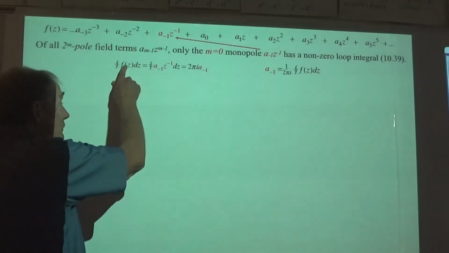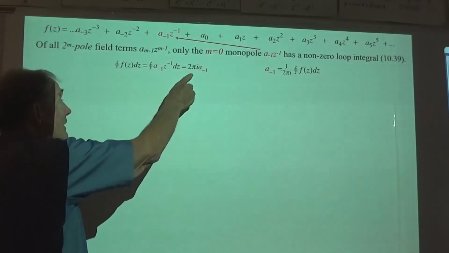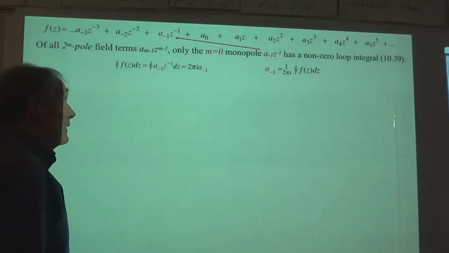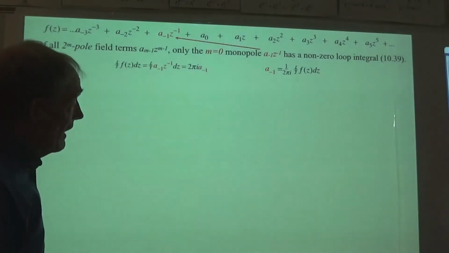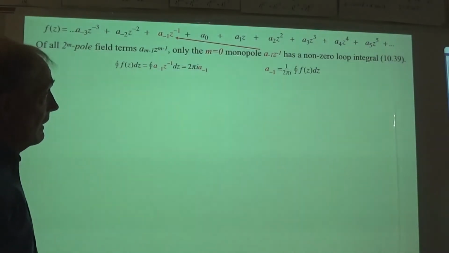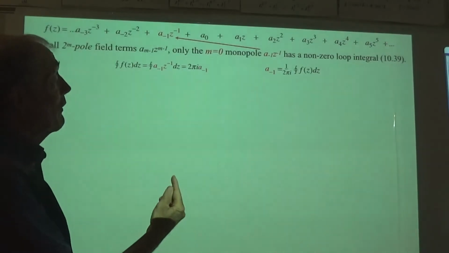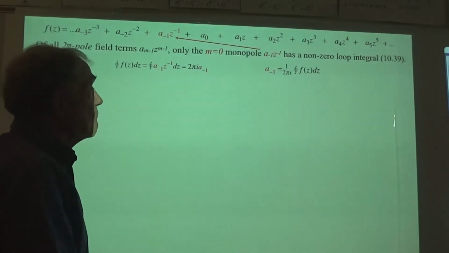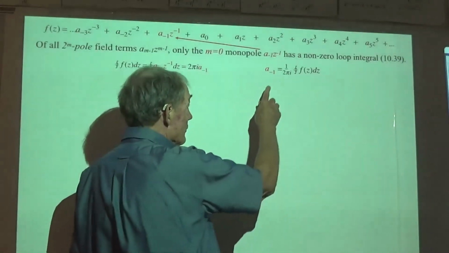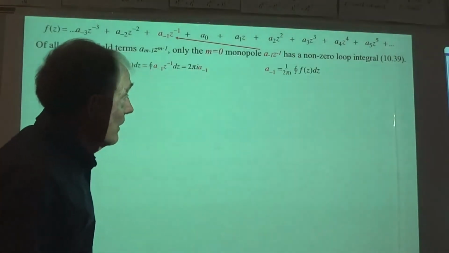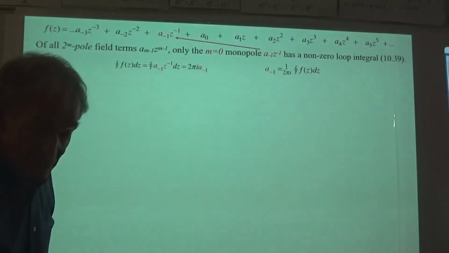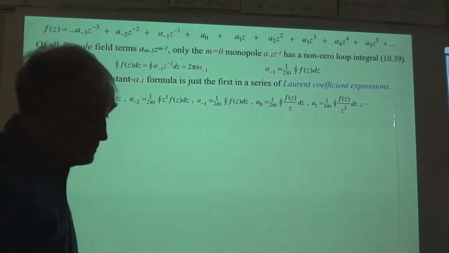So when I do the integral of the force to get that phi, I get a value. That's a constant, just whatever the constant is, times 2 pi i. That's what it costs to go once around the origin, is 2 pi in the i direction, in the imaginary direction. So I solve for that coefficient, and that's an important beginning of what's called Cauchy's integral.